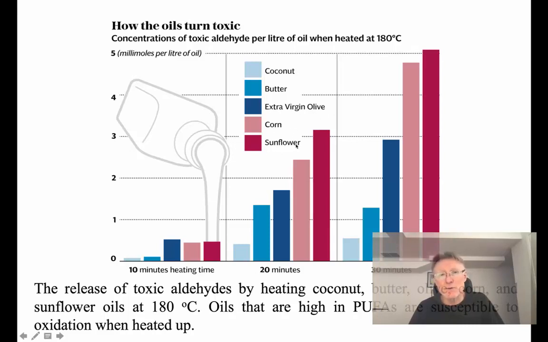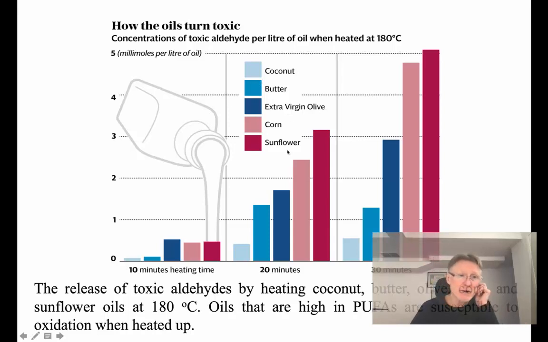With the exception of butter, these are all vegetable oils. Coconut is very saturated, and butter is also rich in saturated fat. These are the ones that are normally solid at room temperature. And then you have extra virgin olive oil, corn, and sunflower.